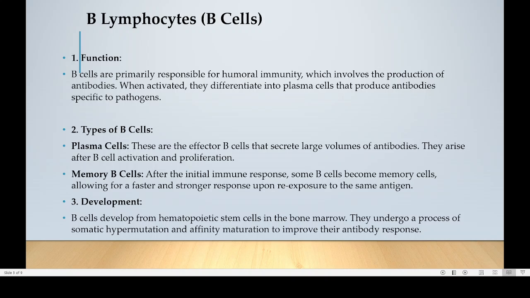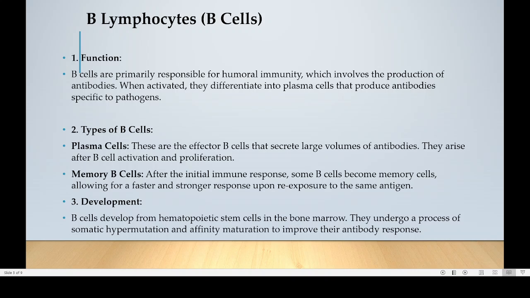So how these B cells are actually working is that main function of B cell is to produce antibody. They are not directly producing antibody. What they do, B cells will be first converted into plasma cell. It is the plasma cell which is responsible for producing the antibody. So B cell converted into plasma cell will be producing antibody.